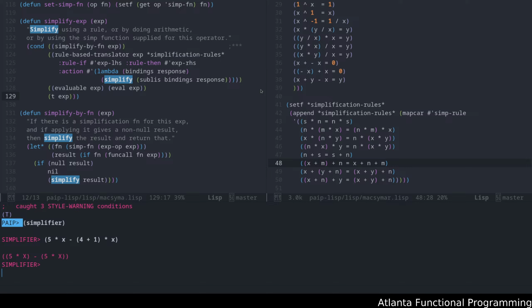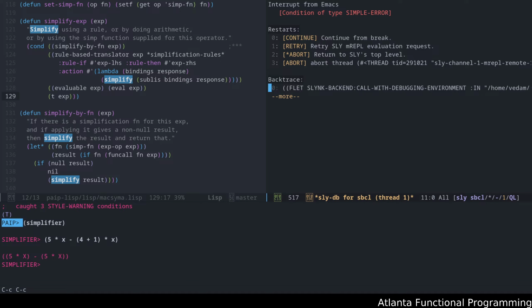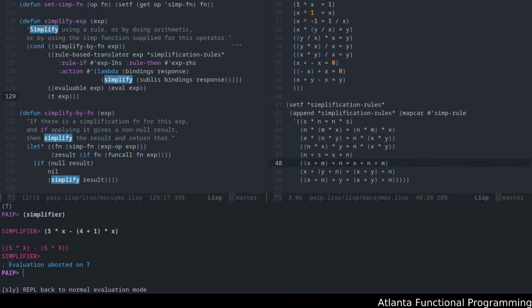We can check this expression by doing each of these individually. Let's see. Oh, wait. We need to first abort. And let's do simplify by function.